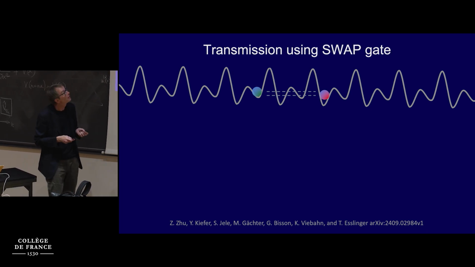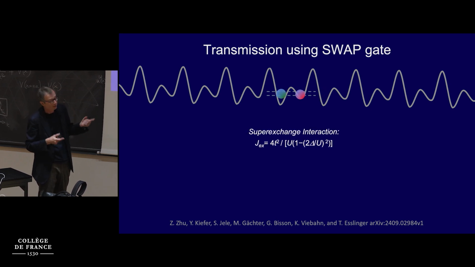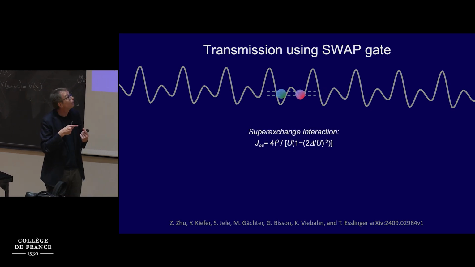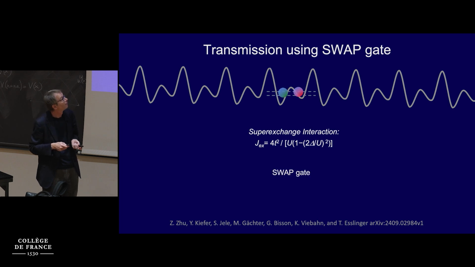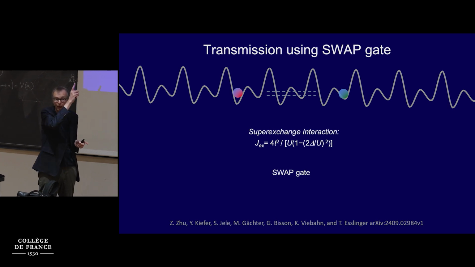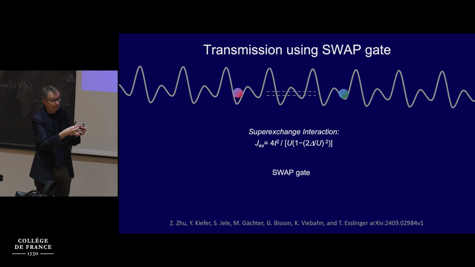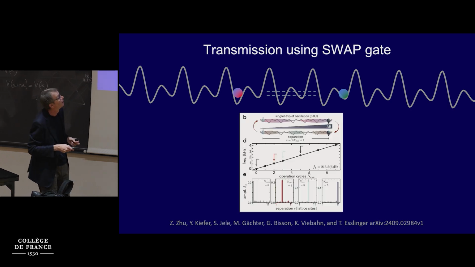So if they come together, then we implement a super-exchange swap gate and then let them move on. That is how we actually get a very high fraction of the atoms to recombine in singlets. So we split them, they pass through each other, we do the singlet-triplet oscillations, and then they go back.